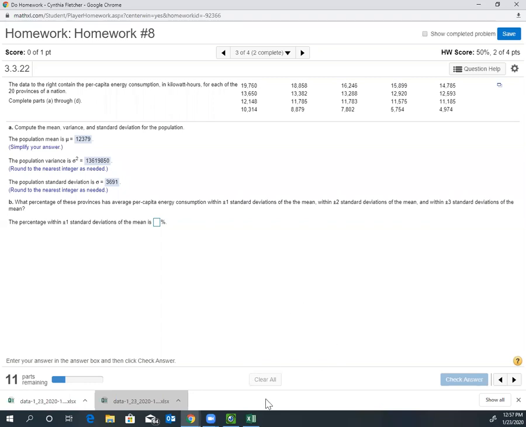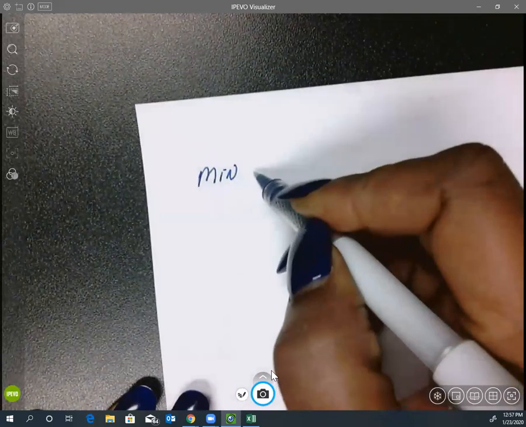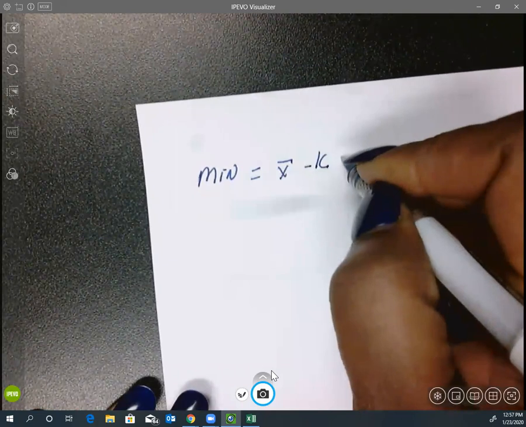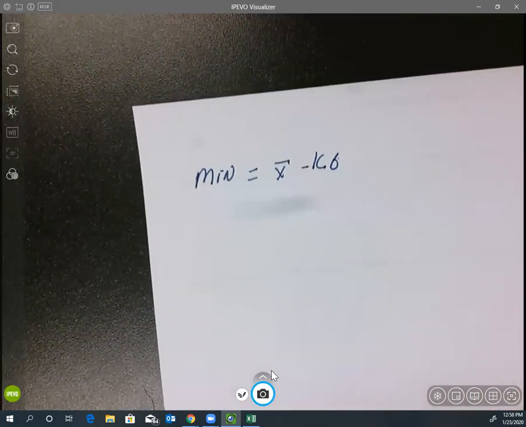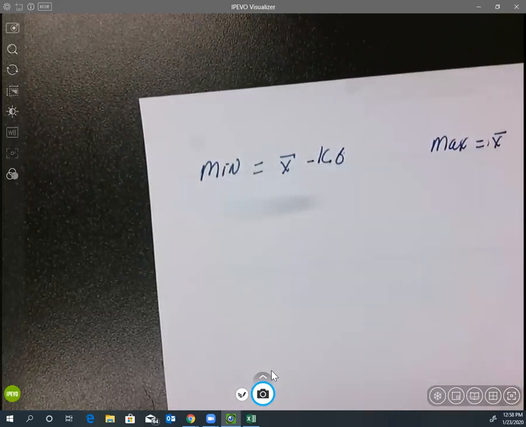Okay, so what we need to do is find my minimum and maximum. I think I need to go back here. Okay, so my minimum, remember from the last problem, your minimum is equal to x bar minus k times sigma, the standard deviation. My max is x bar plus k times the standard deviation.